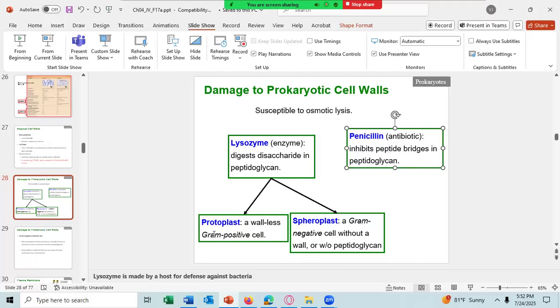You don't need to know the term of it, but you can have the bacteria cell without a cell wall if you expose it to the enzyme lysozyme. And then that cell would be susceptible to osmotic lysis because if water moves into the cell, the membrane will just expand until it eventually pops. Any question about any of that?